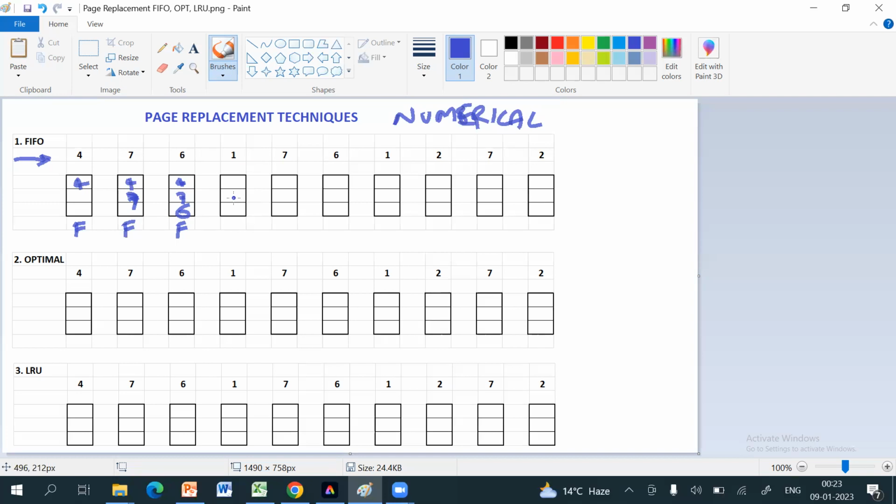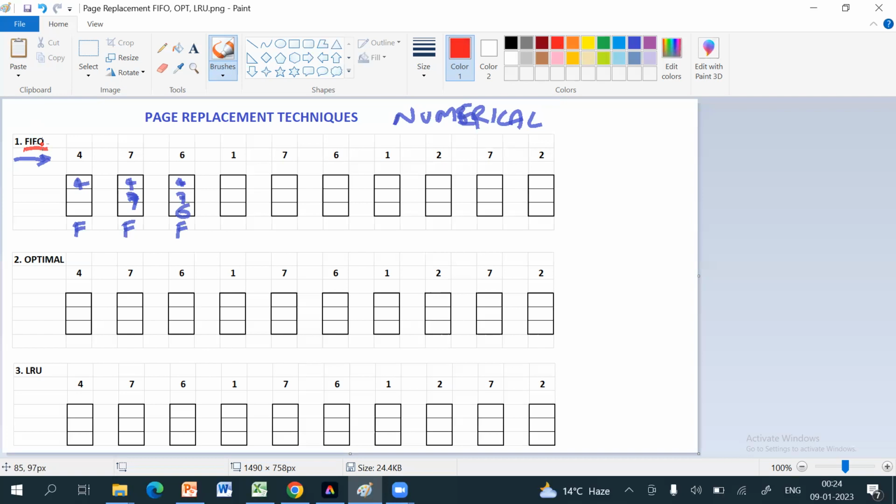Now, in order to replace the existing pages with a new page, we are focusing on the technique called FIFO: first in, first out. FIFO stands for first in, first out. That is, whichever page came first into the frames in the memory will be pushed out of the memory.